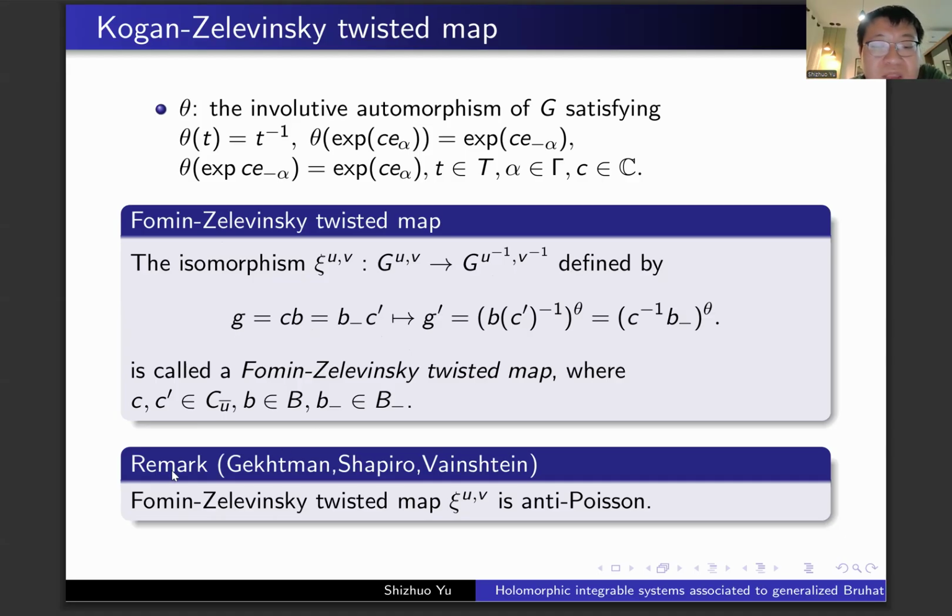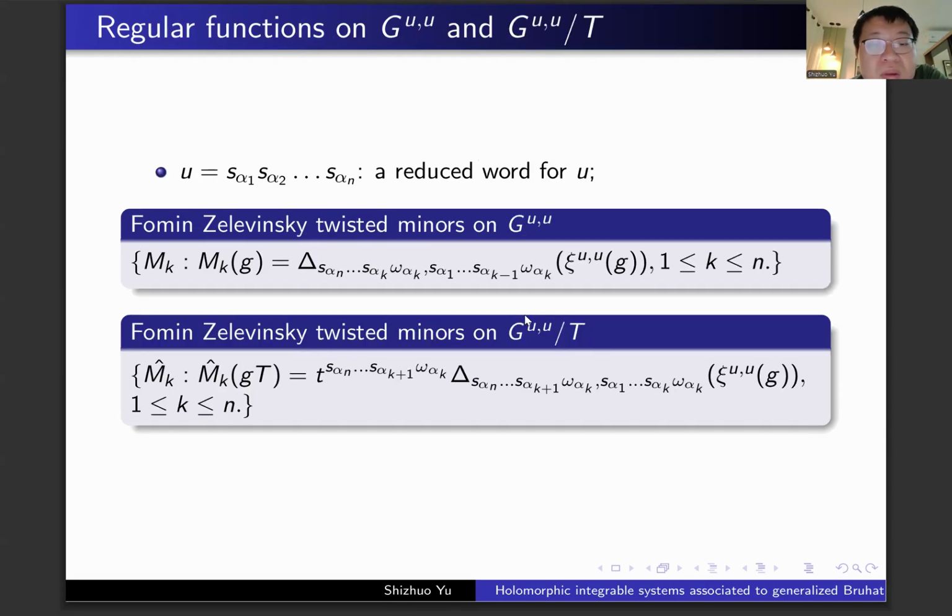And in the Poisson geometry, we can also prove that the Fomin-Zelevinsky twisted map is anti-Poisson with respect to the standard Poisson structure. And now we'll introduce some functions on the double Bruhat cells and the reduced double Bruhat cells.